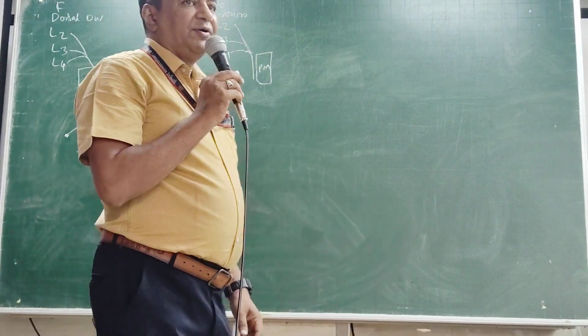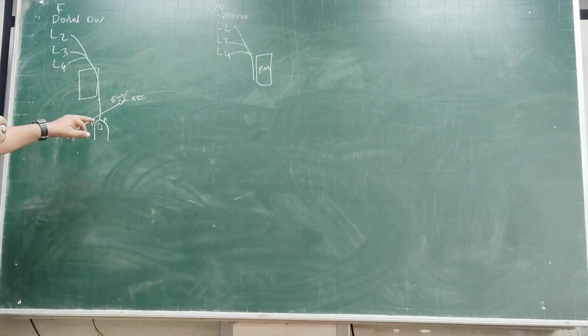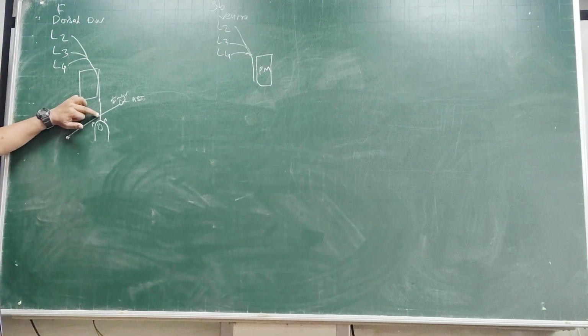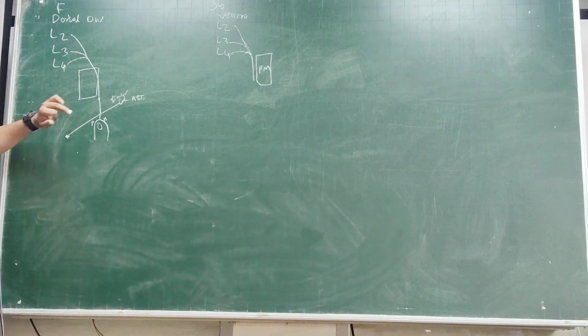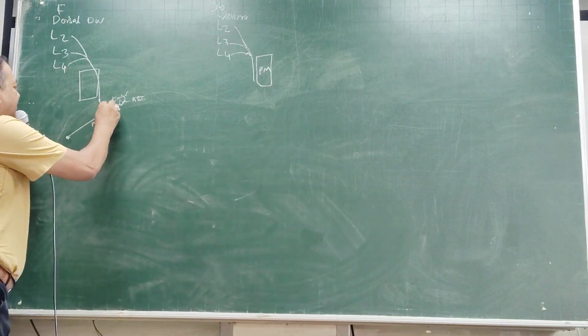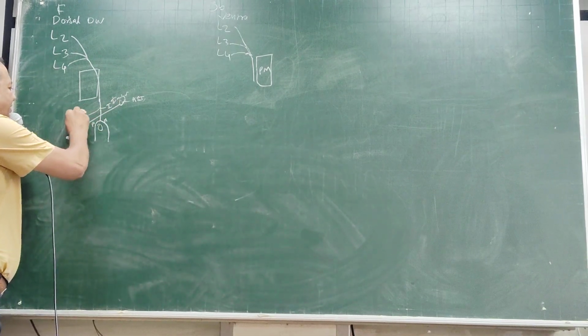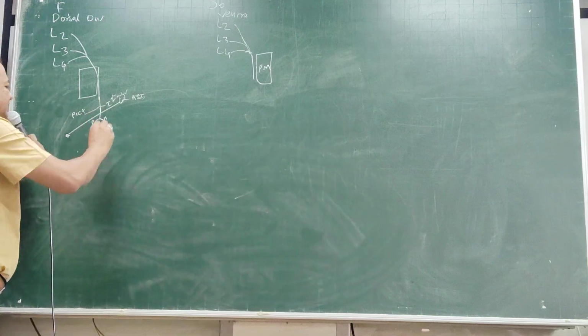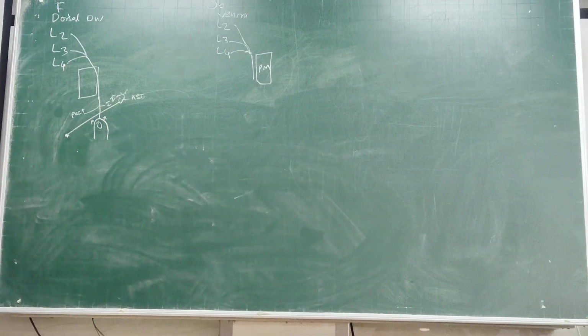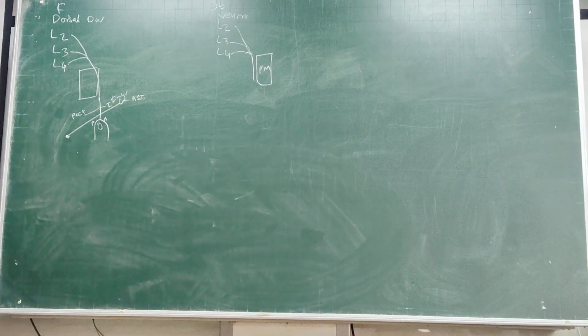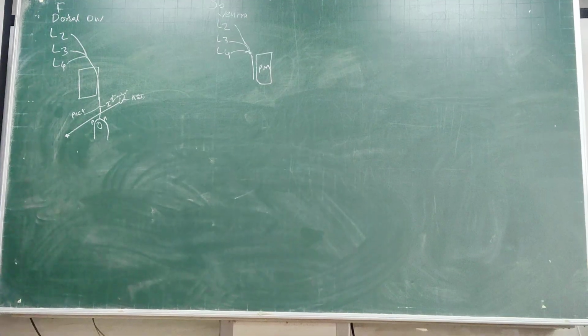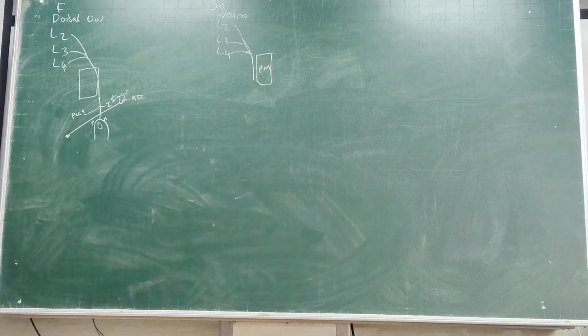But before entering the femoral triangle, it supplies iliacus and it supplies pectineus. Iliacus and pectineus. Okay? And then anterior division and posterior division.